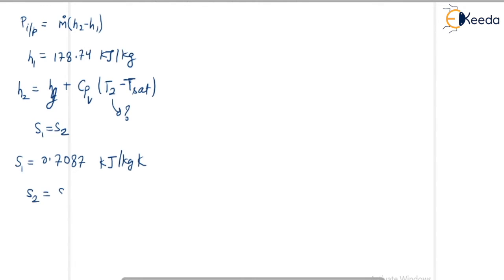S2 is equal to Sg plus Cpv ln in bracket T2 divided by T saturation.